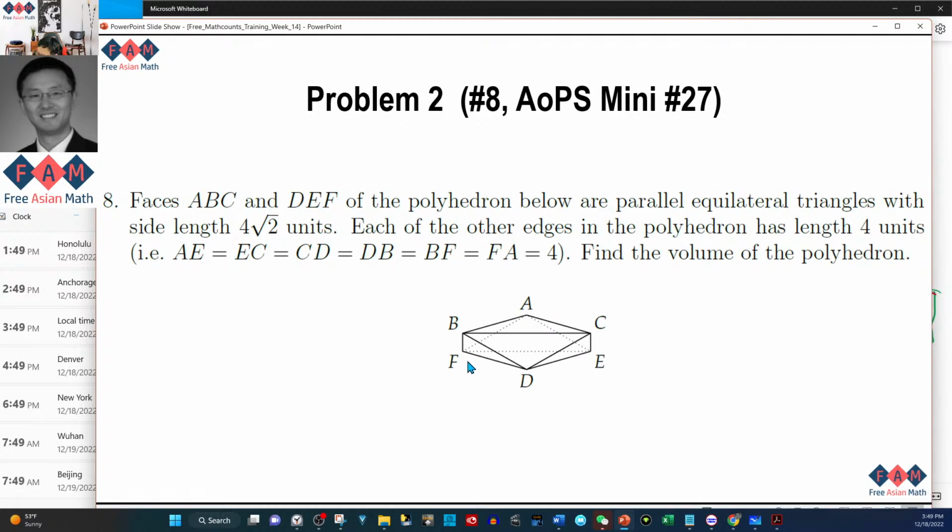Okay, this one is a little bit unique in this week's problems. I believe this problem appeared quite several times throughout the Mathcounts mini series.